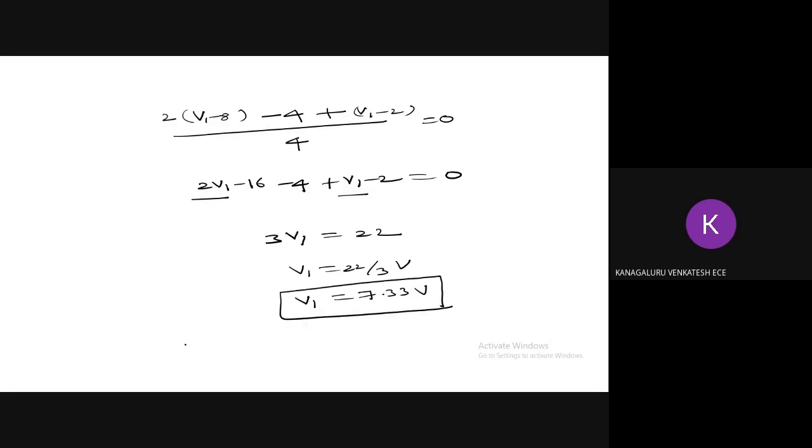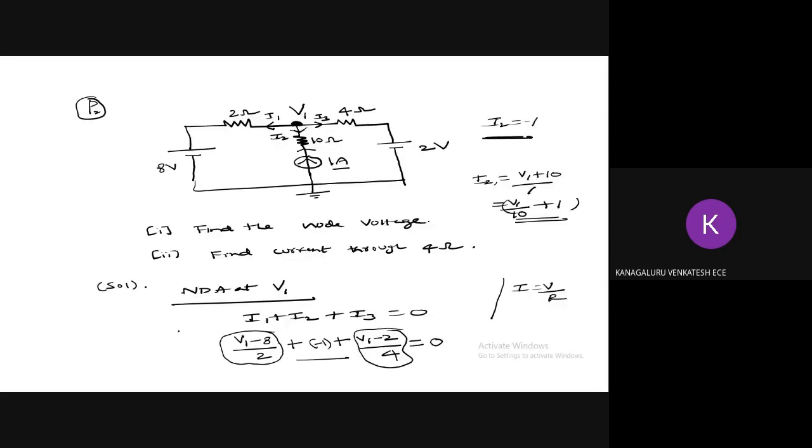Now tell me, what about the second question I asked? Current flowing through the 4 ohm resistor. Tell me any student answer. No need to simplify, tell the exact answer.